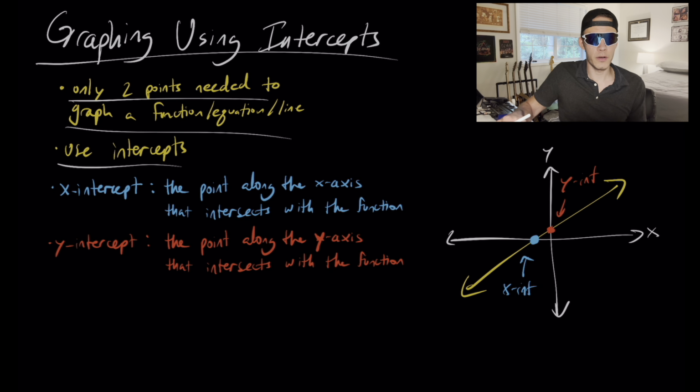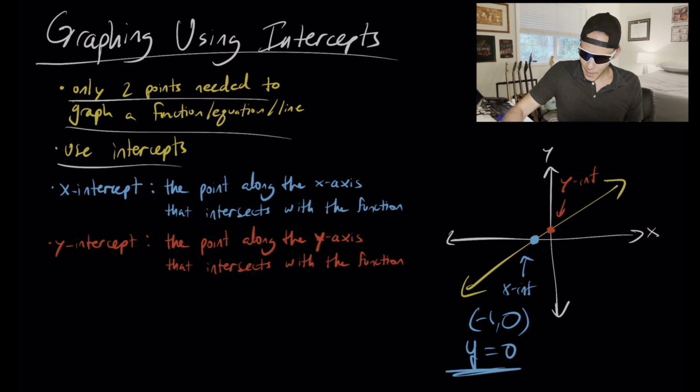And let's make note of something really important. The x-intercept, this point right here, maybe its x value is like -1. Well, what's its y value? Well, it's 0 because it's along this x-axis. Every y value along the x-axis is 0. So for your x-intercept, the y value is always going to equal 0.